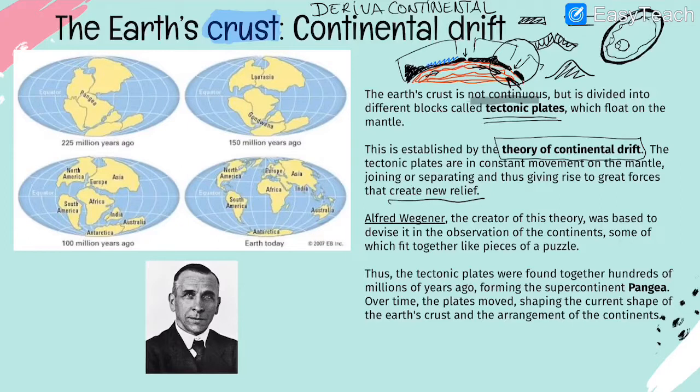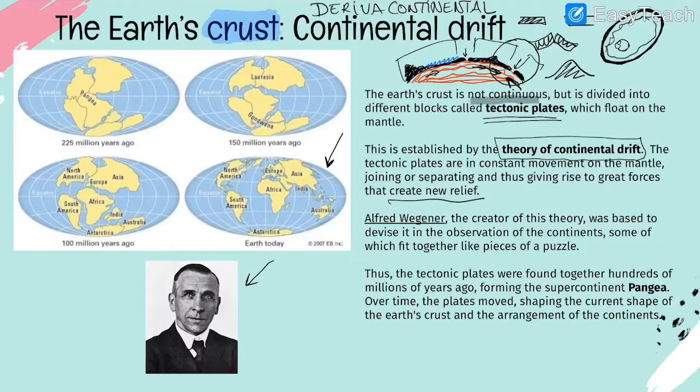The creator of this theory is this guy, Alfred Wegener. You have to remember this name. And how was he able to create this theory? Well, because he observed the Earth. This is our Earth.